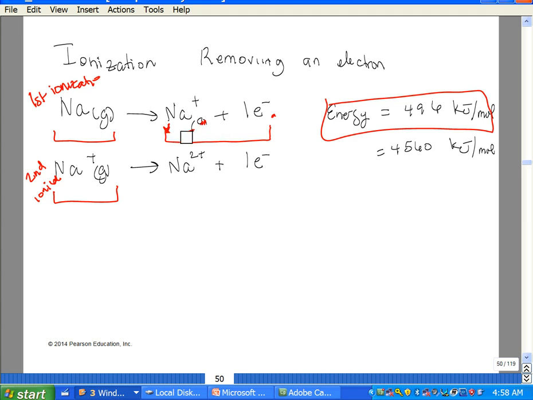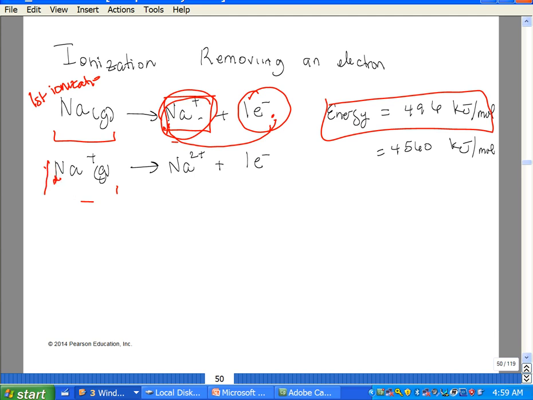So what this equation here is showing us is that we have removed an electron. This is the electron we removed, and this is the cation that we formed. That was the first ionization. When we go down to the second ionization, that means that we already have removed one electron right here.